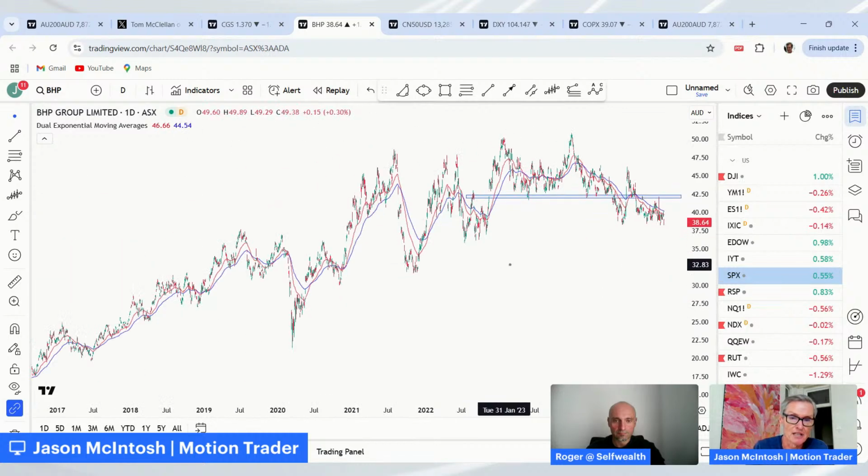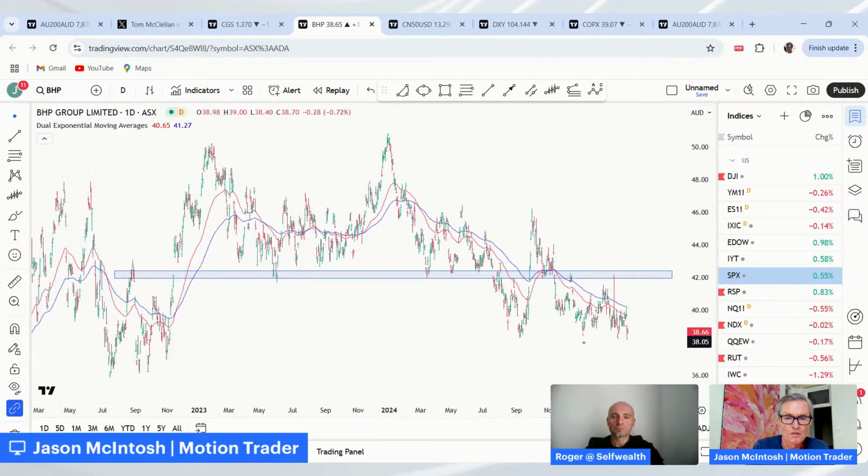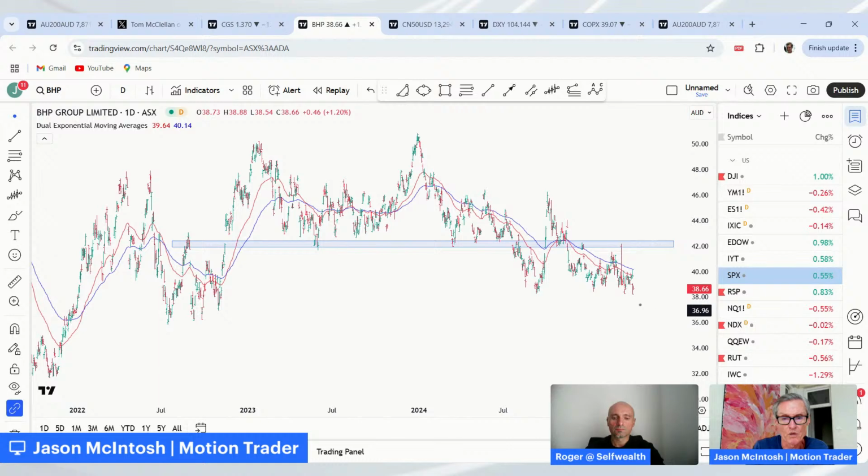It's been largely range bound over the last couple of years, but with a downward bias. If we look at it over the last 14, 15 months, I wouldn't want to buy it at this point, because the structure does have vulnerability to it. It's below declining moving averages.